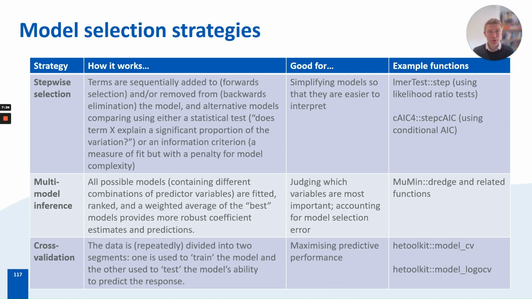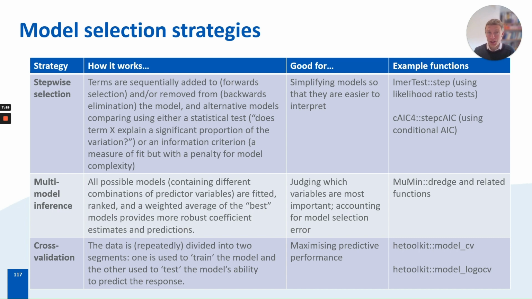A second approach that we can use is called multi-model inference. This is essentially a brute force approach, whereby we seek to fit all possible models to our data set. That large set of models features models which have all different permutations or combinations of different predictor variables.